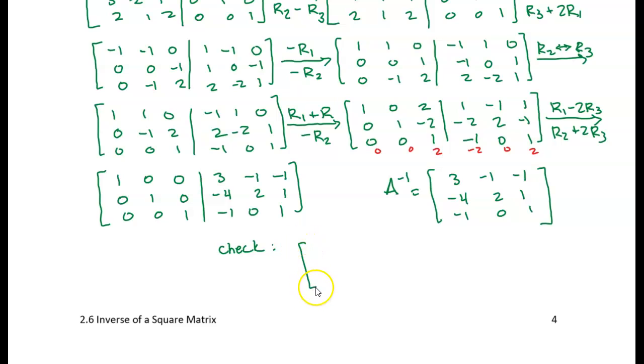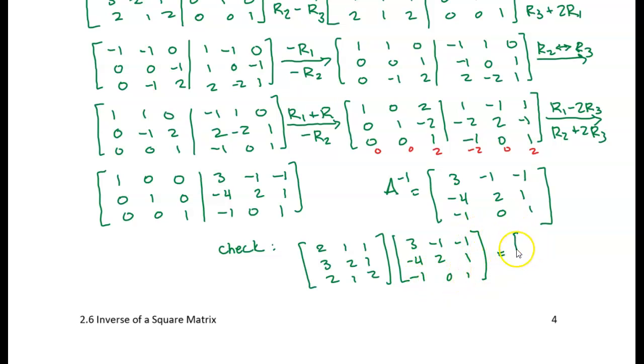So I could take the original A matrix, which was 2, 1, 1, 3, 2, 1, 2, 1, 2, and multiply it by 3, negative 1, negative 1, negative 4, 2, 1, negative 1, 0, 1. And if it is truly the inverse, what I will end up with is the identity matrix.